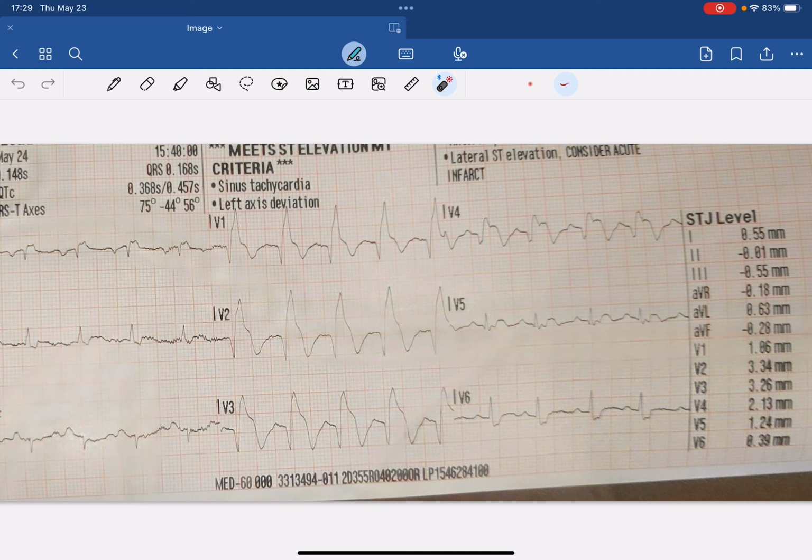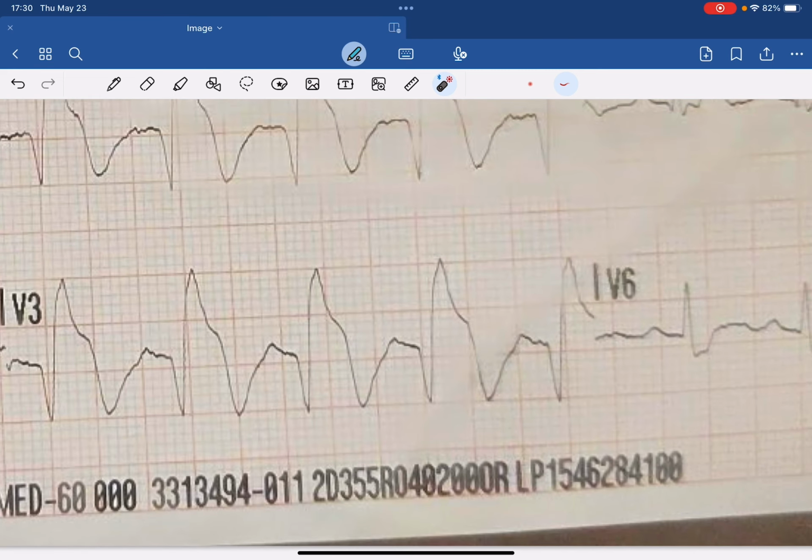Now, V4, we can put a little check mark. V4 has ST elevation. We've confirmed the J point, and we can move on to a couple other leads so that we can get that STEMI criteria, which is ST elevation in 2 contiguous leads and the presence of concerning history. So let's move over to V3 because V3 looks pretty darn awful.